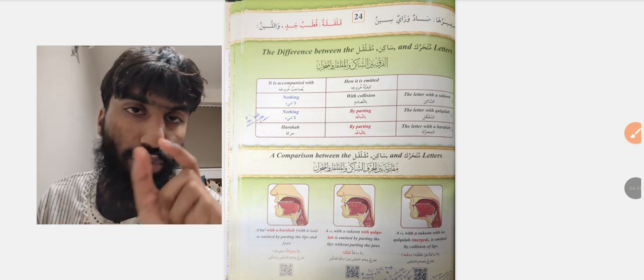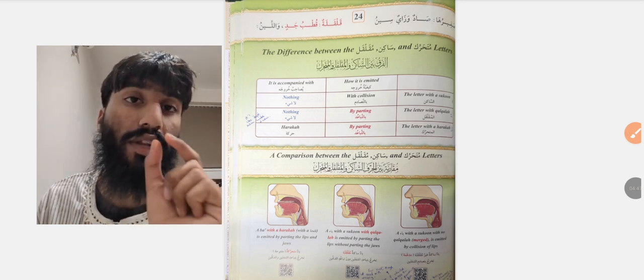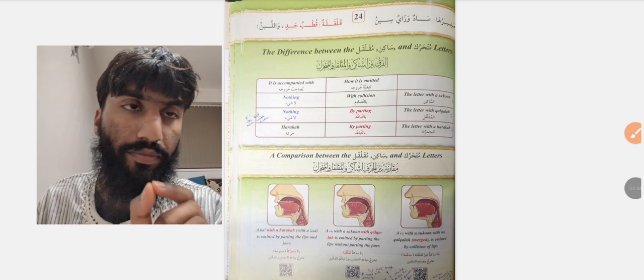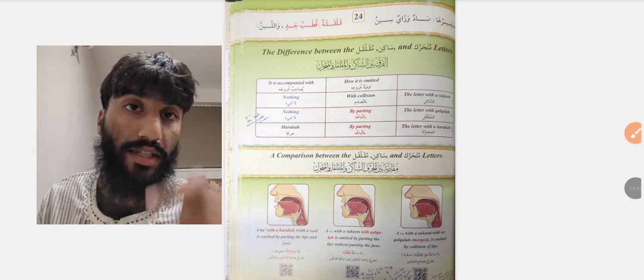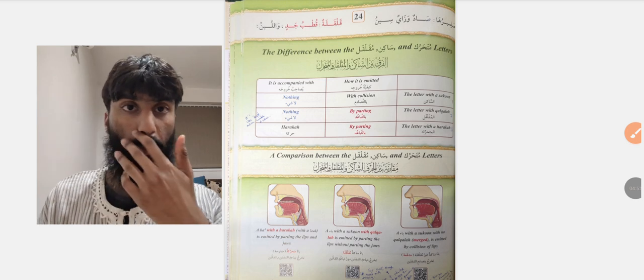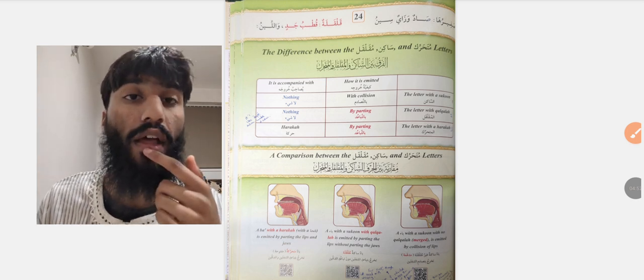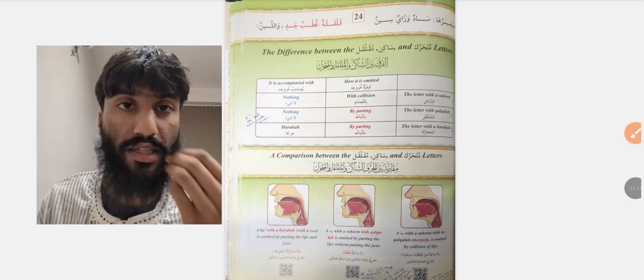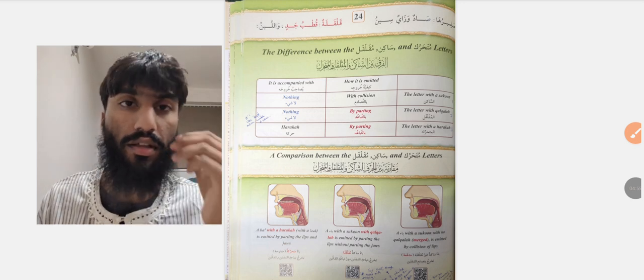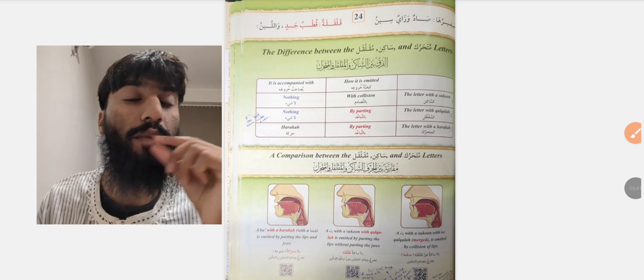Now understand this point very well, because this will allow you to do qalqala correctly. Qalqala exists only to let sound flow. Look, ab. What can I do to make the sound flow? Let go of the lips.